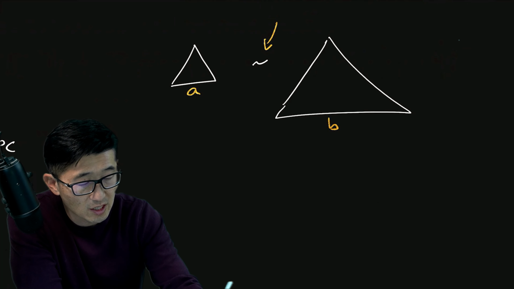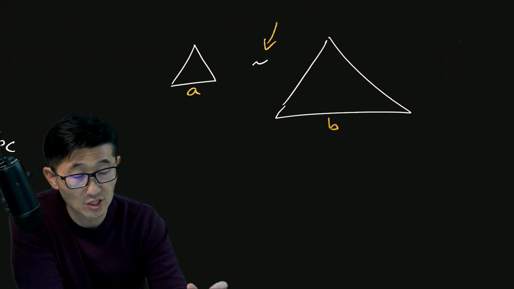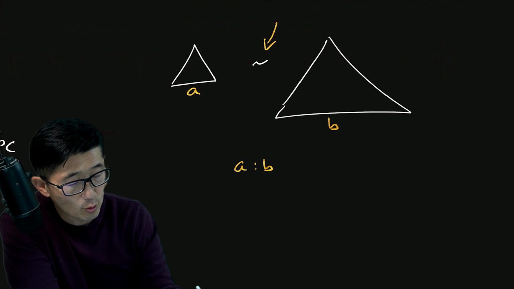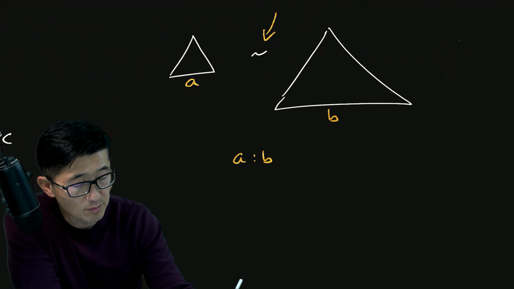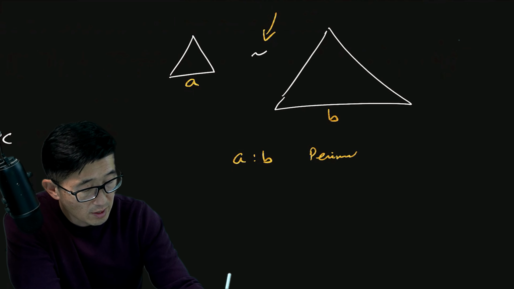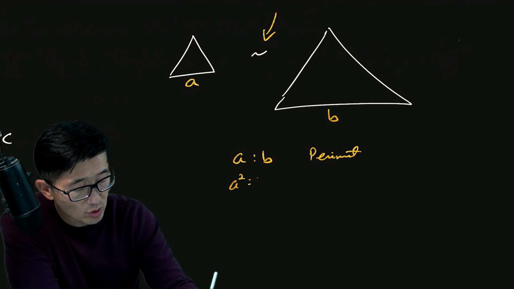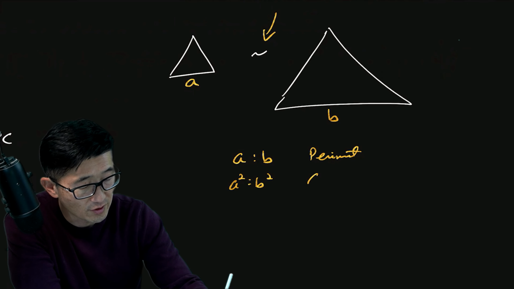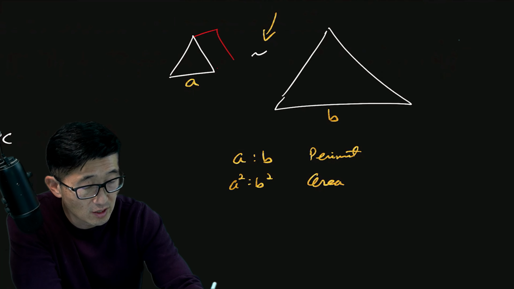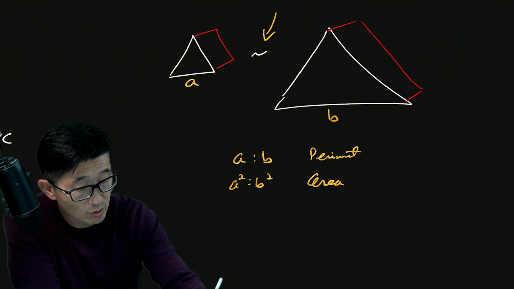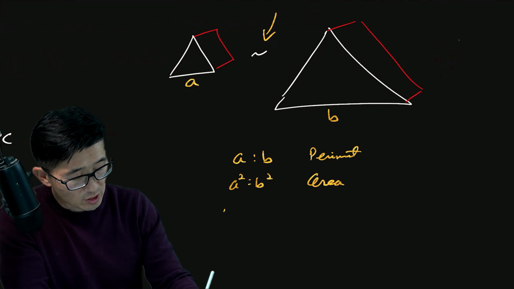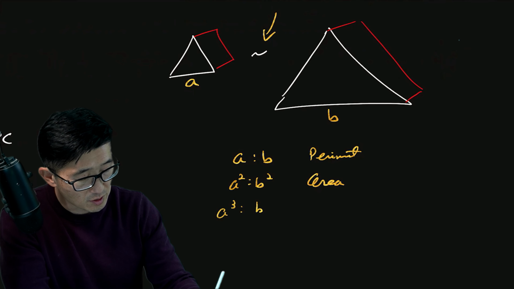As long as they indicate that it's proportional or similar, then you can create this proportion. A to B will be the proportion of their sides or even their perimeter. And when you square the sides, you have the proportion of their areas. And if you turn this into a three-dimensional figure, you can actually find the proportion of their volume by cubing A and B.